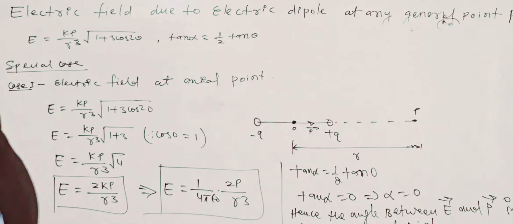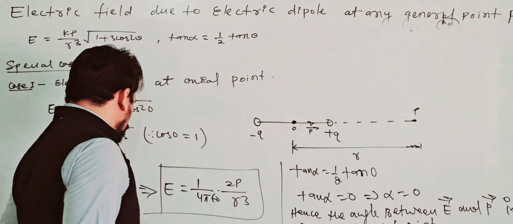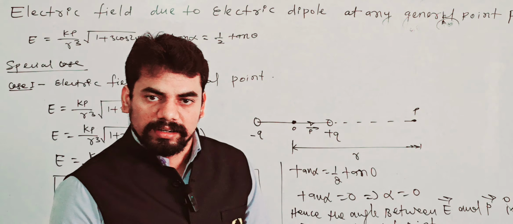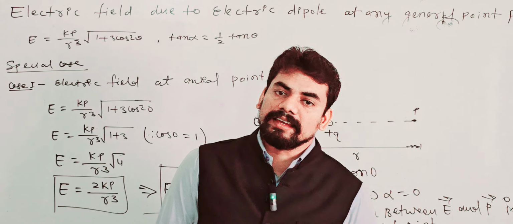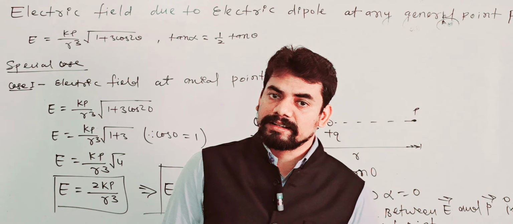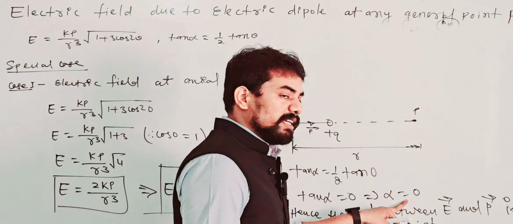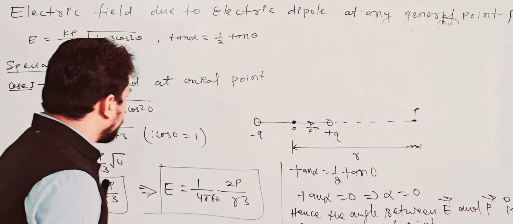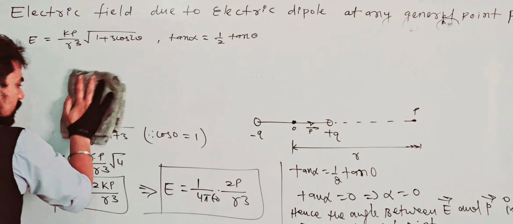Okay. Done everyone? This is 2 Kp by R cube at the axial point, and the direction of the electric field is in the direction of the dipole moment. Where? At the axial point. How do we get to know? We get to know from alpha. Okay, this is special case 1. Now the special case 2.